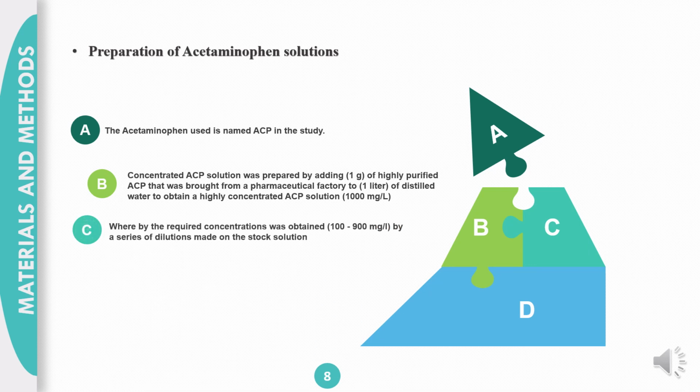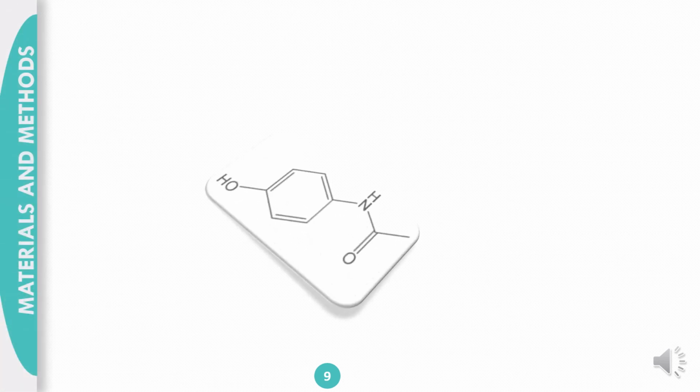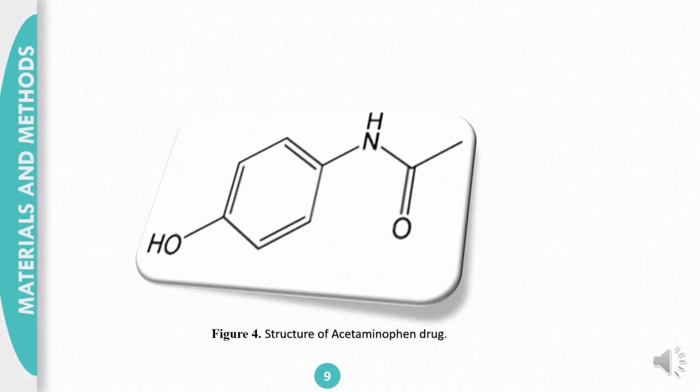C. The required concentrations of 100 to 900 mg per liter were obtained by a series of dilutions made from the stock solution. D. The concentration of acetaminophen during the experiment was determined by UV spectrophotometer with a wavelength of 244 nanometers. In this figure, we can see the structure of the acetaminophen drug.